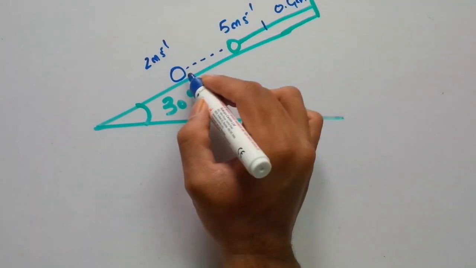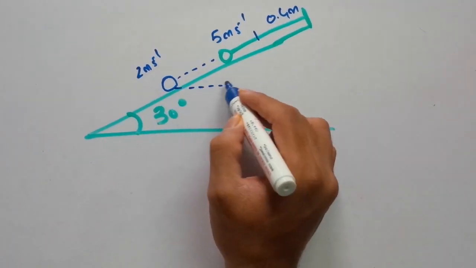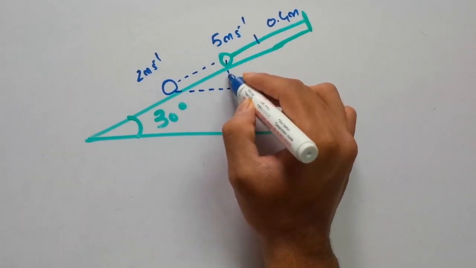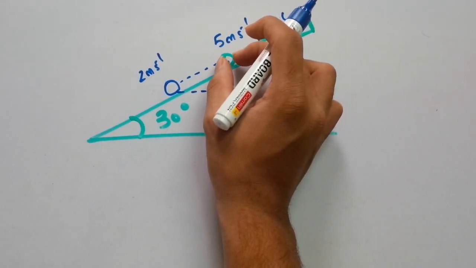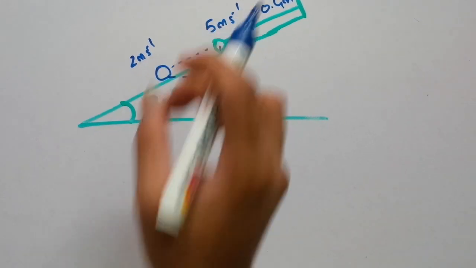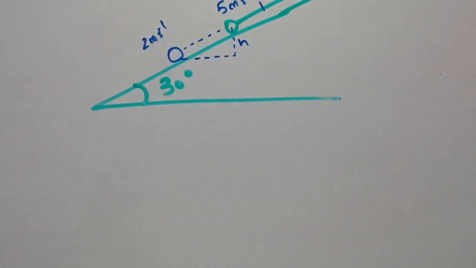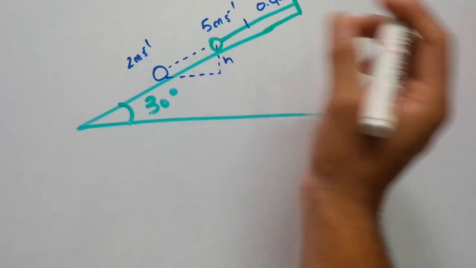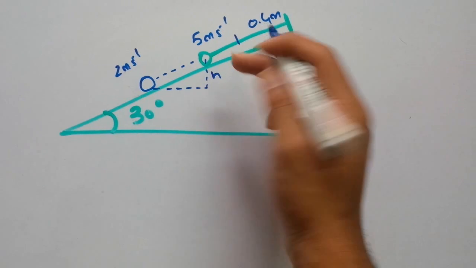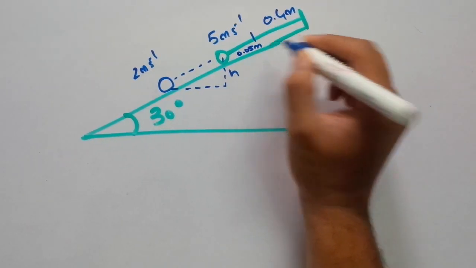So before finding the energies, let's find the change in height when the particle is moved from the equilibrium position to this position. Let that be h. As we know, the extension in the string when the particle is in equilibrium position is 0.05 meters.